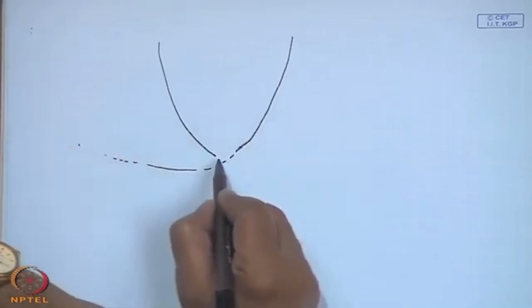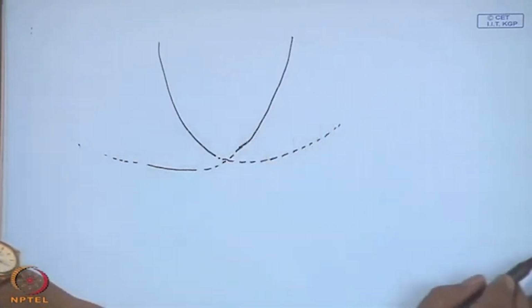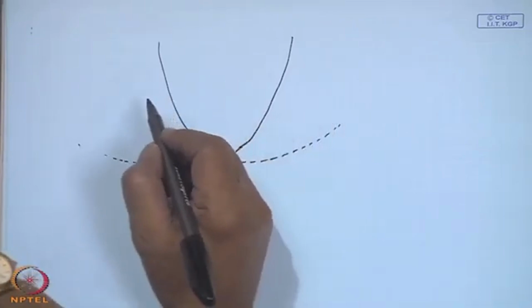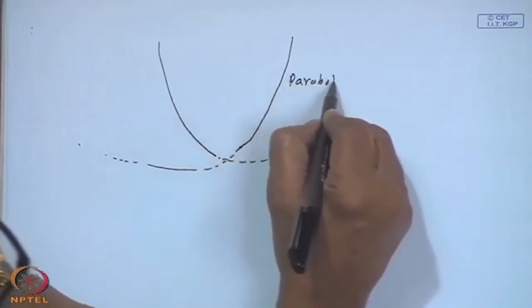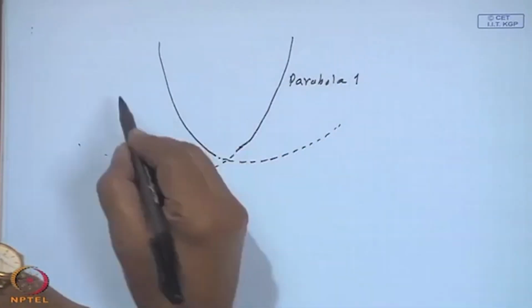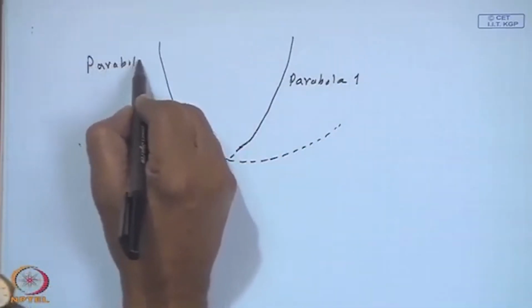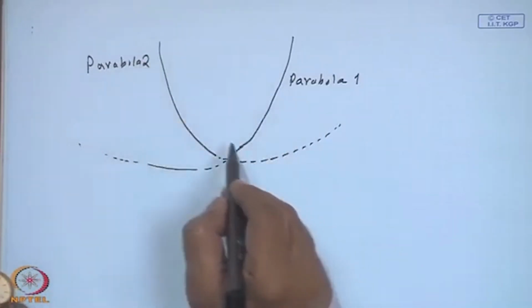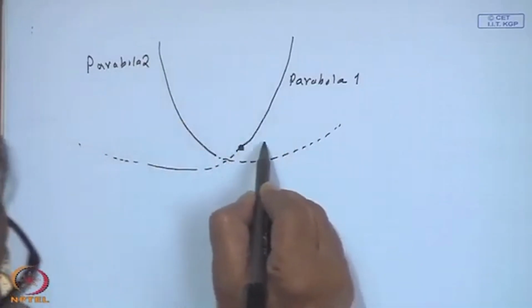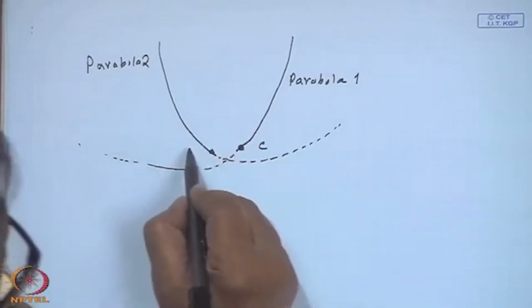This will be continuing like this. This will be continuing like this. So, if this is parabola 1 and this is parabola 2, or this point over here which I will call C and this one B.